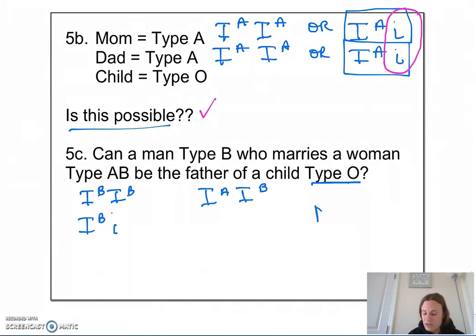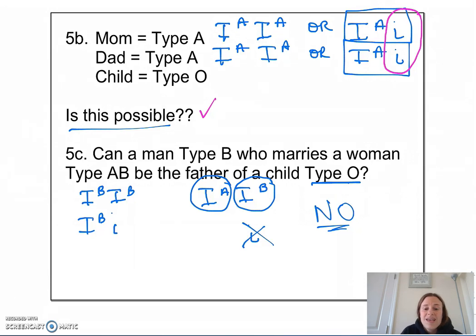And the answer is no. They could not have a child with type O because the mom can only give either A or B. The mom can't give any O. Therefore, the kid would not be able to be type O if this was the situation.